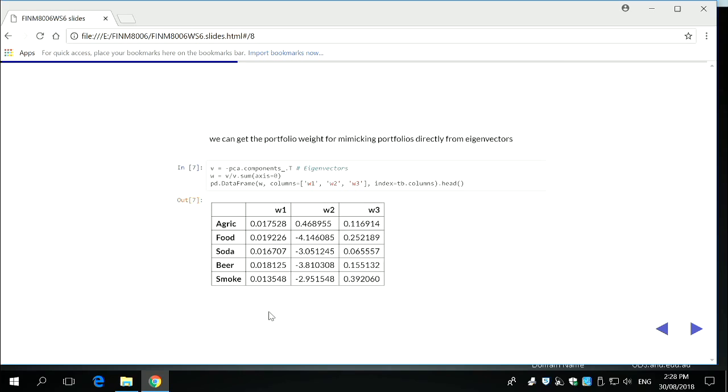So 100 divided by 50, that's about 2. So each industry will have about 2%. Right? So each industry, about 2%, will give us the first factor. And as I showed you in the lecture, this first factor is really closely related with the market returns.